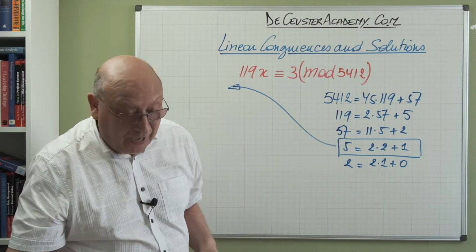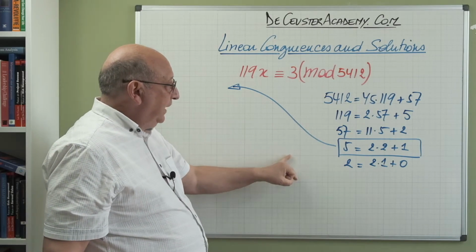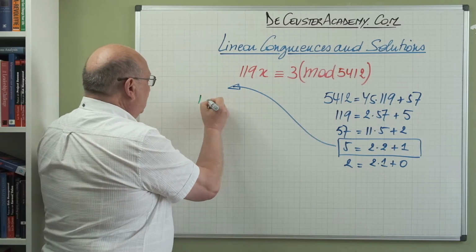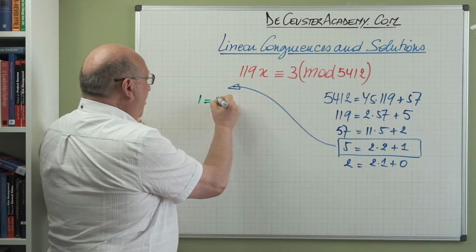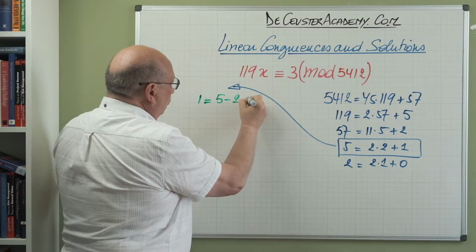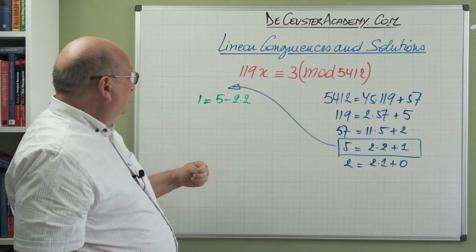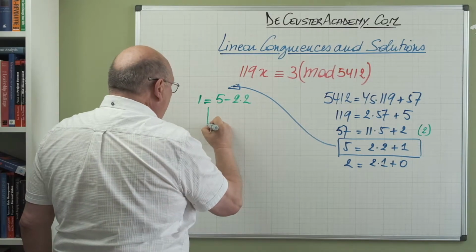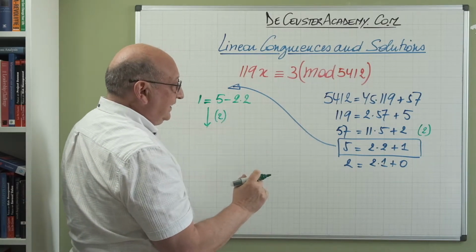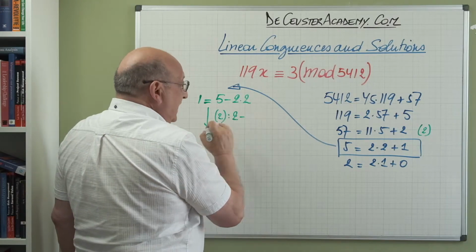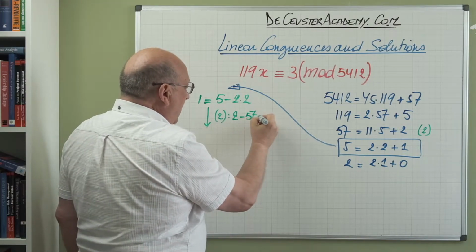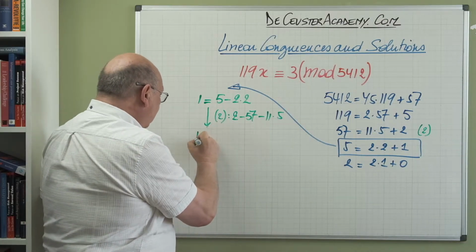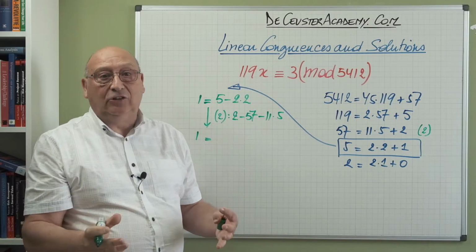When we write the backward path, the first thing to do is to express everything as a function of the GCD. So the left-hand side is the GCD, so I can say 1 is 5 minus 2 times 2. Now we go to the next equation, the second equation, and from it I can say that 2 is equal to 57 minus 11 times 5. And I put that in this equation, and I will give you immediately the result.